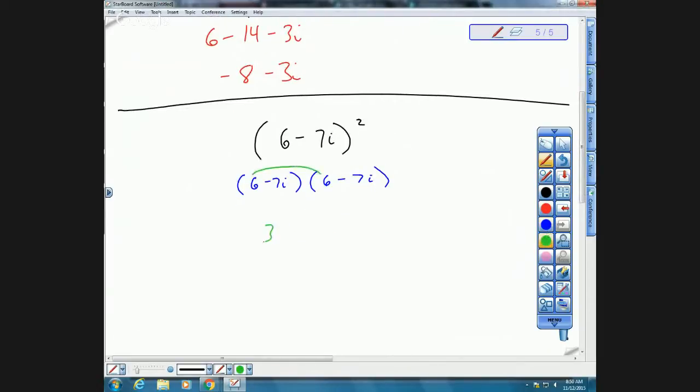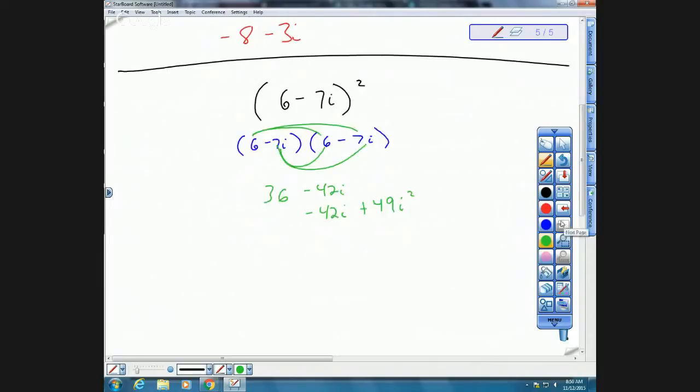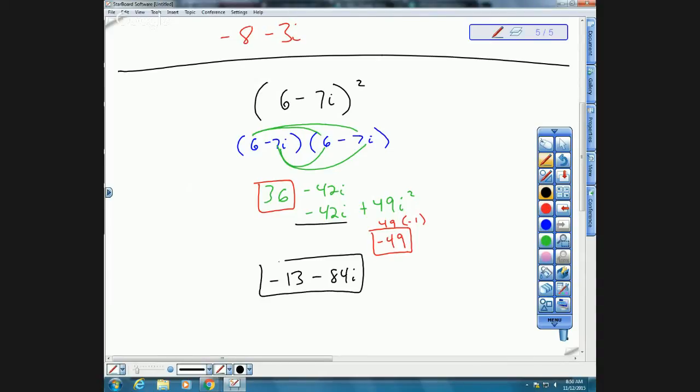So 36 minus 42i, then that one would be minus 42i, and that one would be... As soon as you see that i squared, change that to negative 1, so this one would be negative 49. So combine this term with this term to get negative 13. And then these two would be negative 84. And again, make sure you write the one without the i first and then the one with the i second.